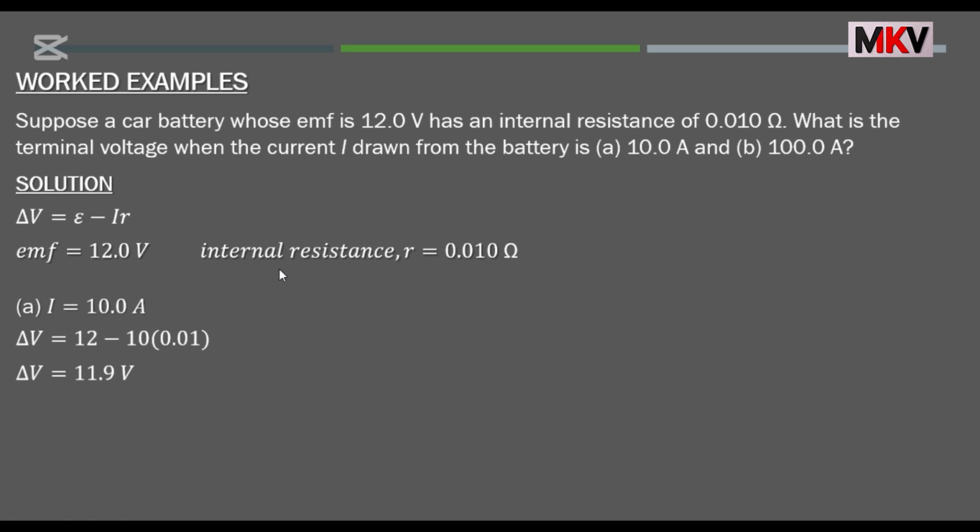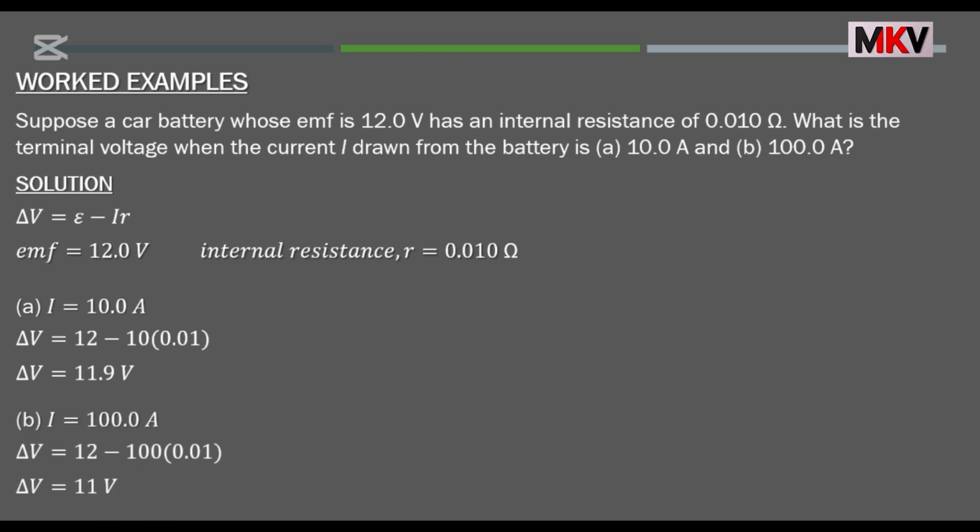We substitute into the equation: EMF 12, current 10, internal resistance 0.01. After computing, the terminal voltage is 11.9 volts when the current is 10 amps.